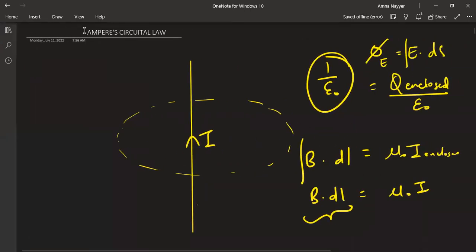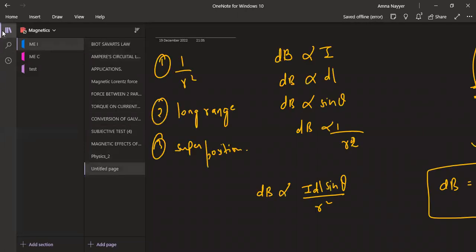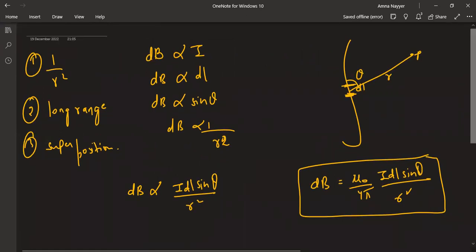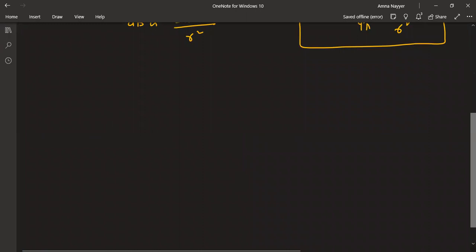Now before Ampere's circuital law, just a second. Okay, before this, let us just discuss the formulas as well.